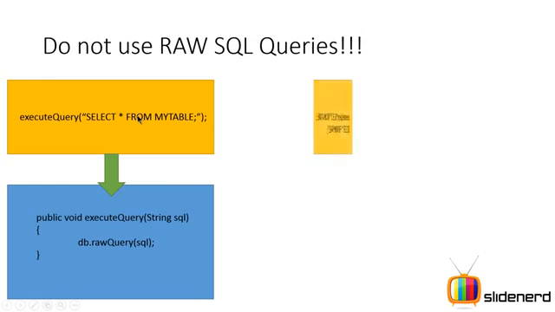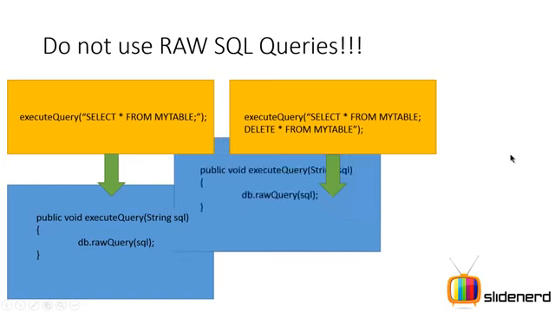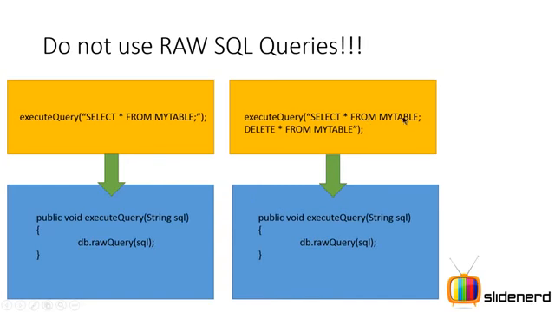If the user agent changes the query to something like select star from my table; delete star from my table, this is totally going to execute because these are considered two separate valid SQLite statements in Android, and that would completely screw up your app because delete star from my table is going to remove everything from your app. And this is why you do not execute raw queries on Android, to avoid some kind of undesirable modification to your database.